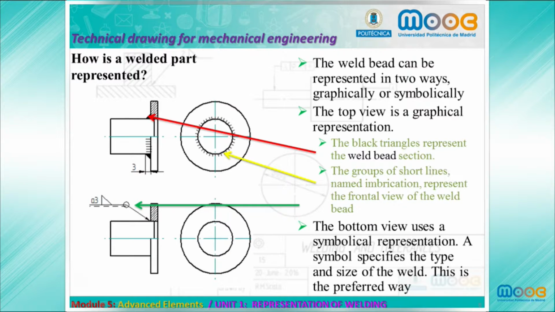The group of short lines, named imbrication, represent the frontal view of the weld bead. In the bottom view we have the use of a symbolic representation. A symbol specifies the type and size of the weld. This is normally the preferred way to represent welds.